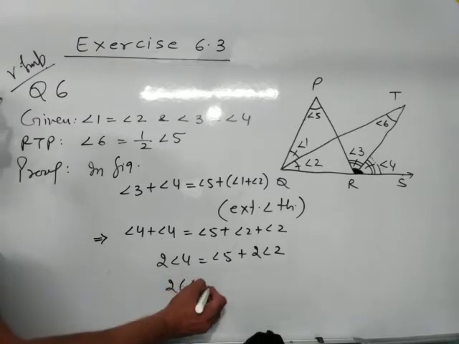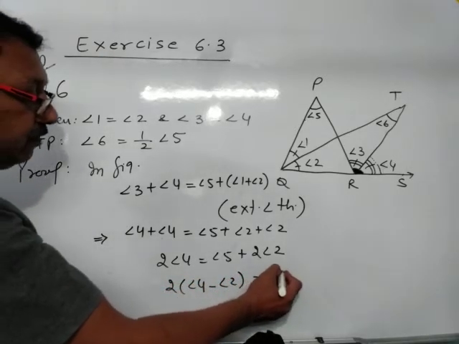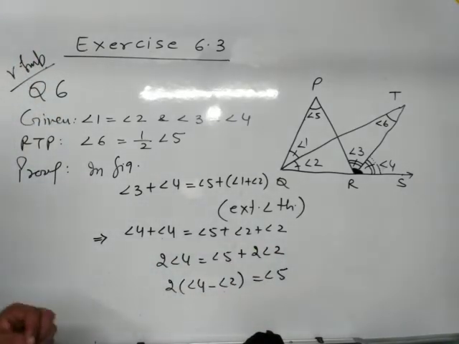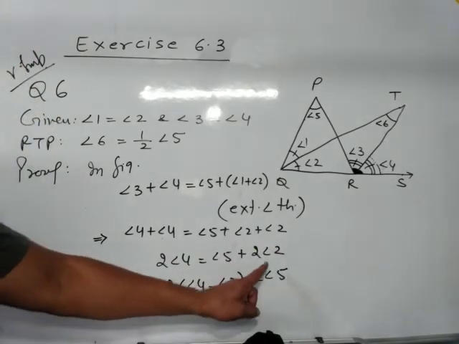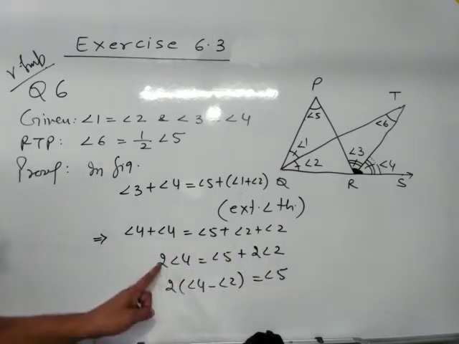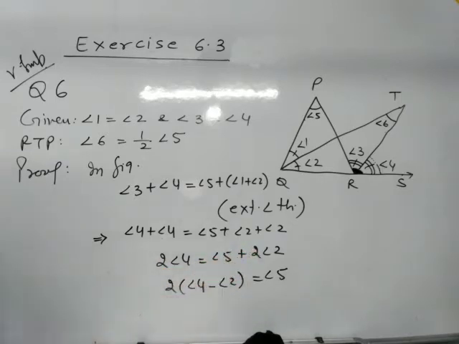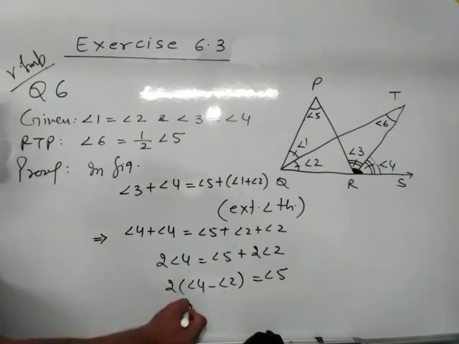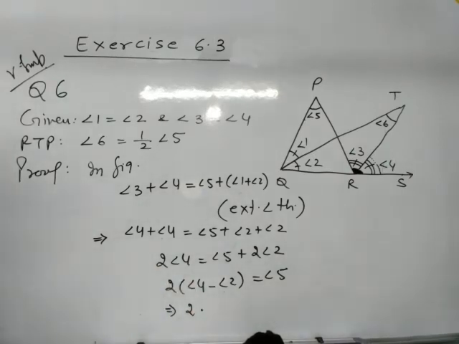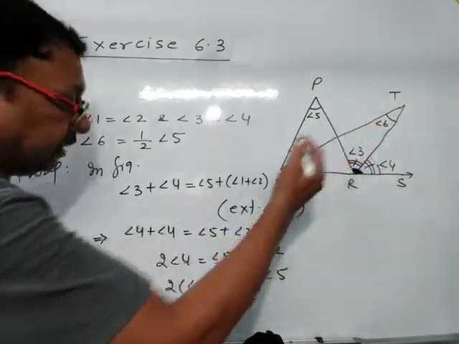Twice angle 4 minus twice angle 2 is equal to angle 5. Twice angle 2 has been shifted from RHS to LHS, and 2 I have taken common. It implies that 2 into (angle 4 minus angle 2) is equal to angle 5, so angle 4 minus angle 2 is equal to half of angle 5.